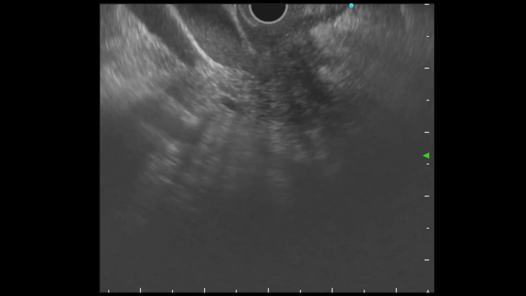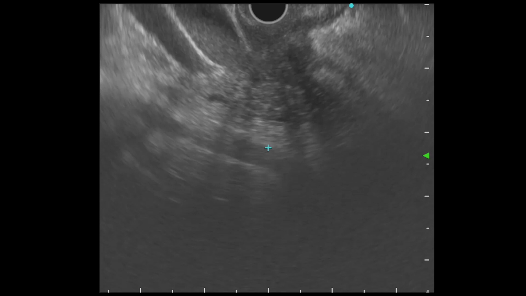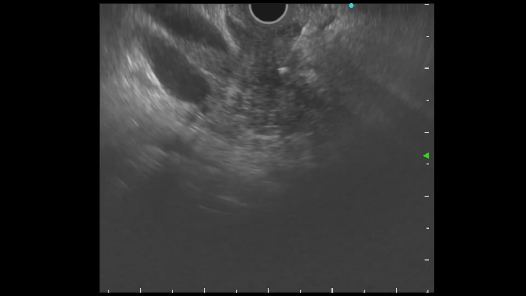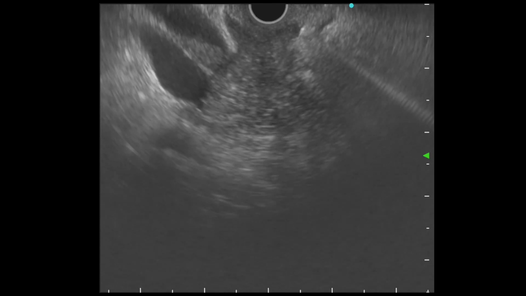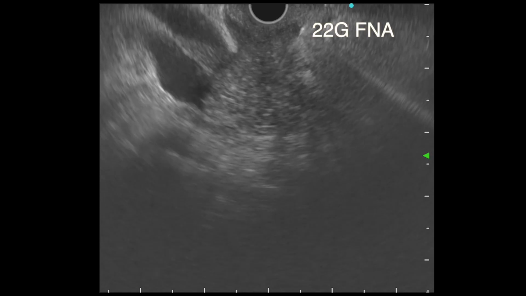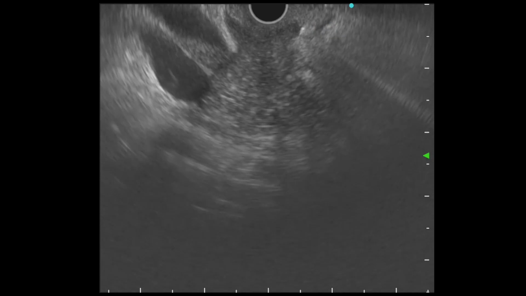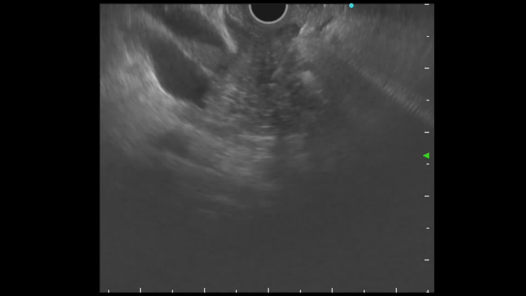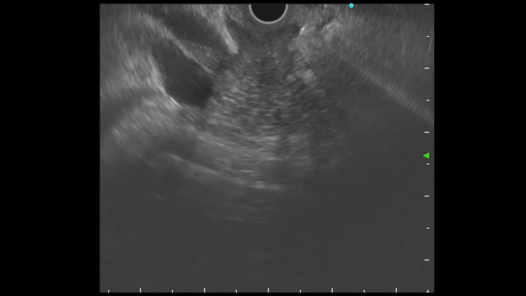In most cases, we have a direct diagnosis at the time of the procedure, which is also very important for the patient who is very worried about the result. Obviously, we have to wait for the immunohistology, but I think it's a very good advantage of ROSE, rapid on-site examination, to have an initial idea of the nature of the lesion.